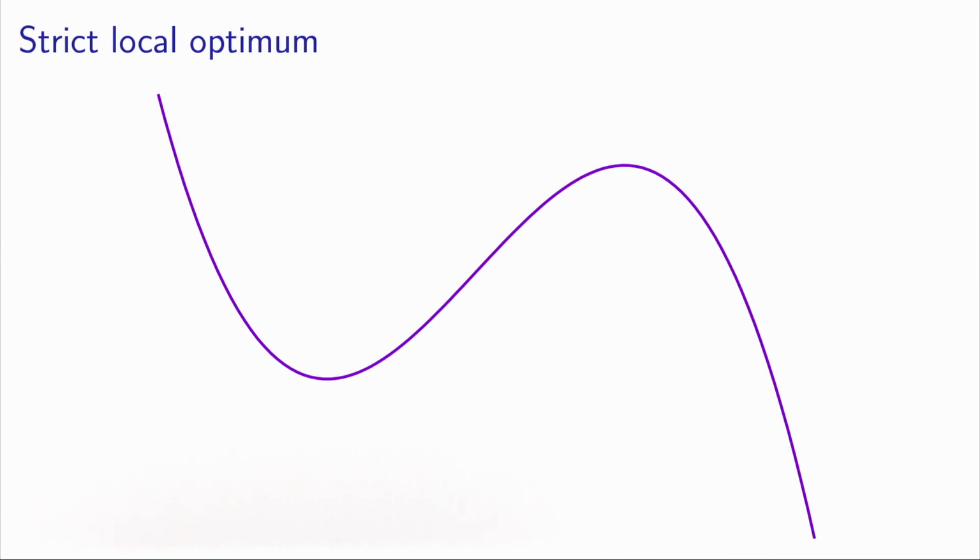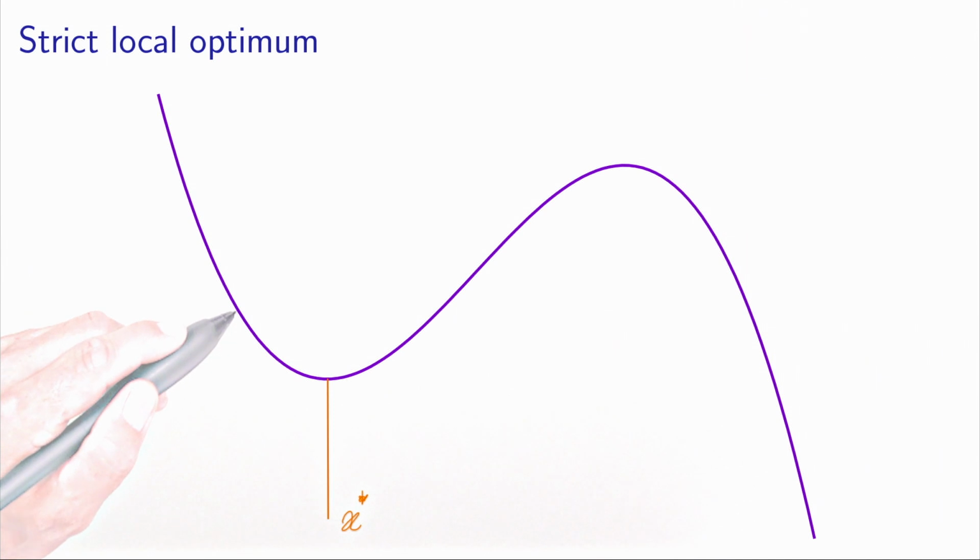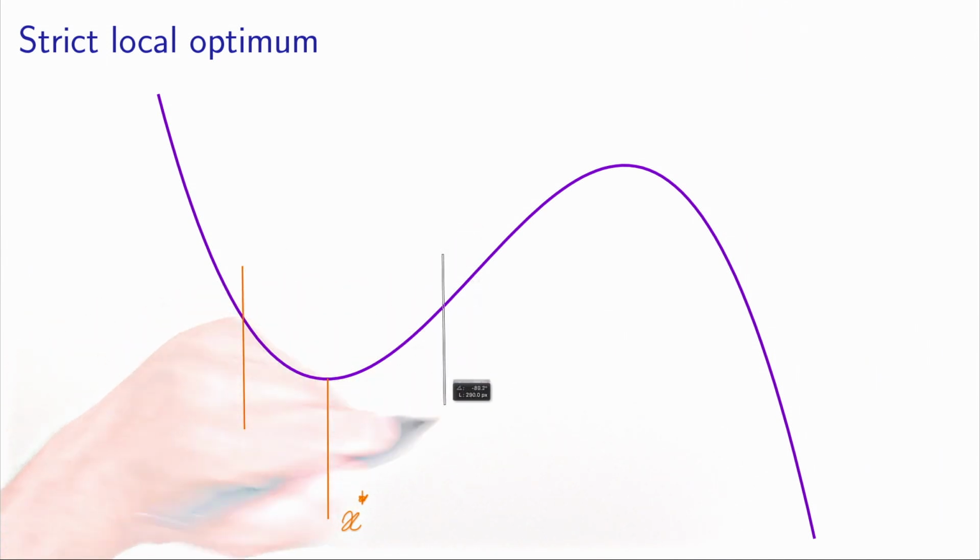Like we did for the global optimum, we can also define the local optimum in a strict way. In any interval around x star, x star is the best, but it's strictly the best. So all the other points in the interval have a strictly worse value of the objective function than x star.